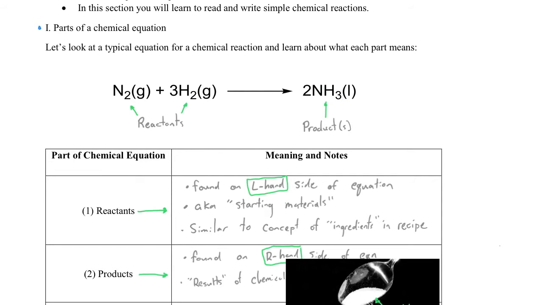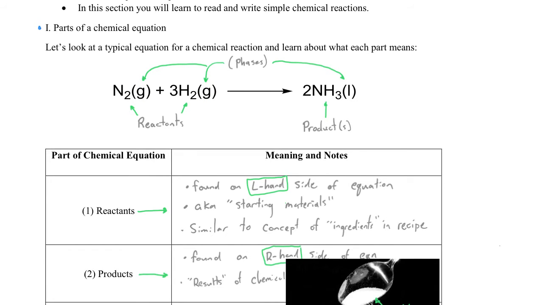If there were more than one type of product, we would have a plus sign, and then the formula for those different products would be written also in this area. We also have the phase symbols indicated next to each of the formulas. So in this case, nitrogen is a gas, and it's required to be in the gas state for this particular example.